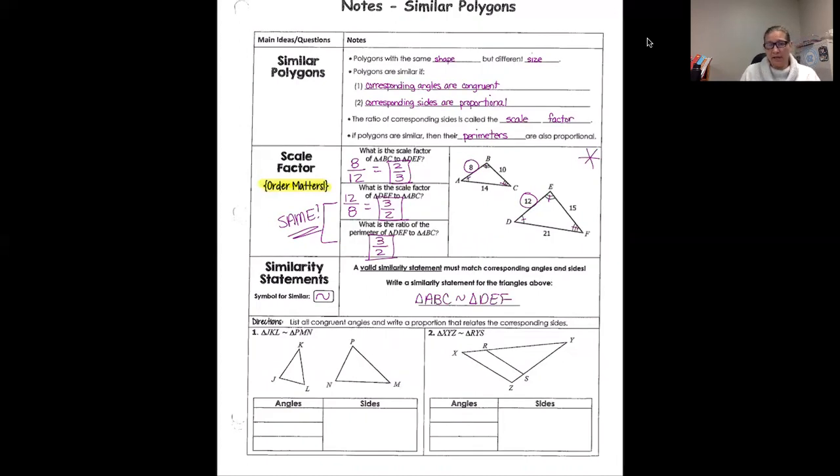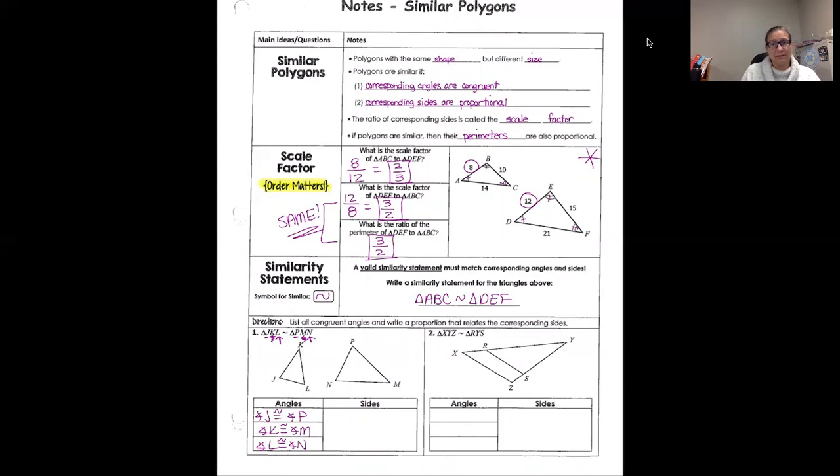When you have similarity, your angles are congruent and your sides are in proportion. So J, P, K, and M, L, and N would be your angles, and they are congruent. Angle J is congruent to angle P, angle K is congruent to angle M, angle L is congruent to angle N. That has not changed.